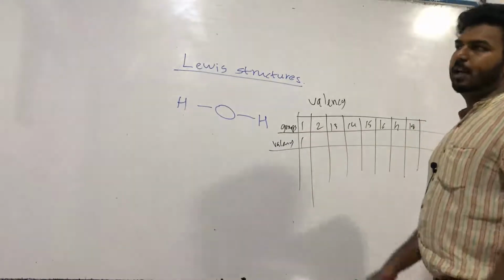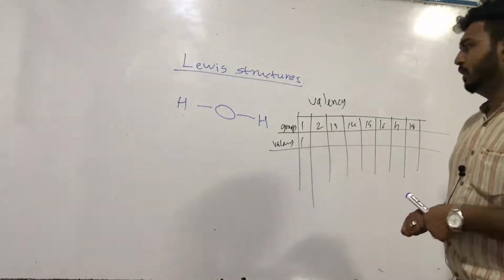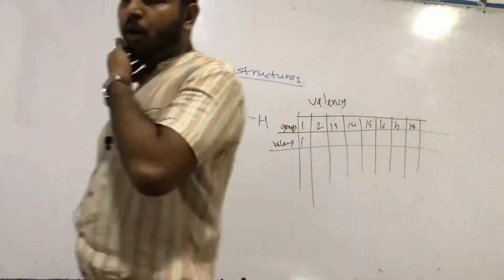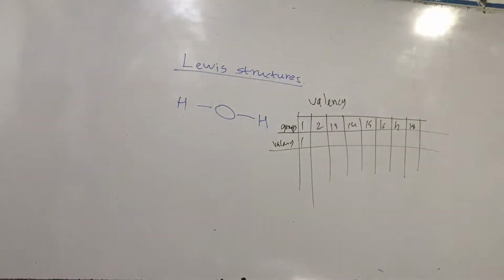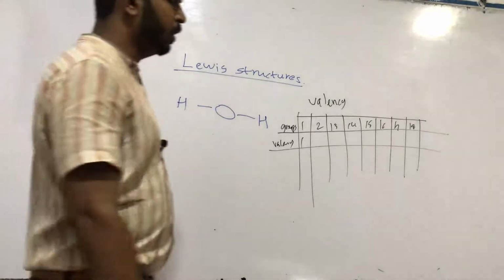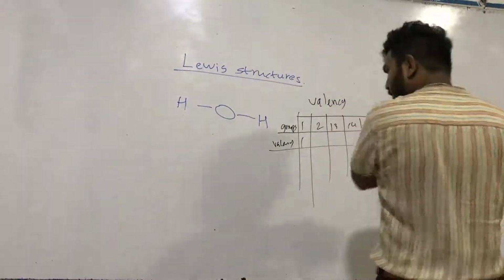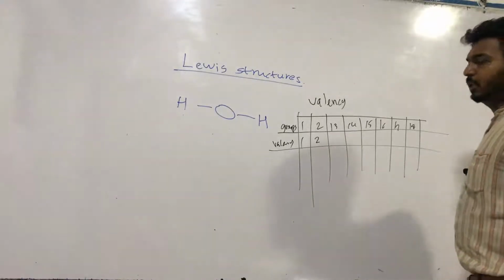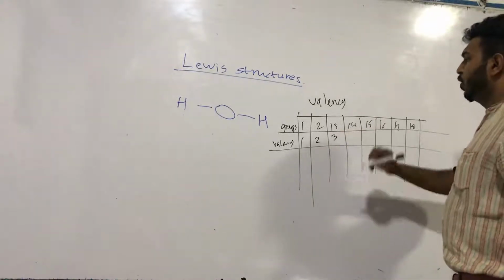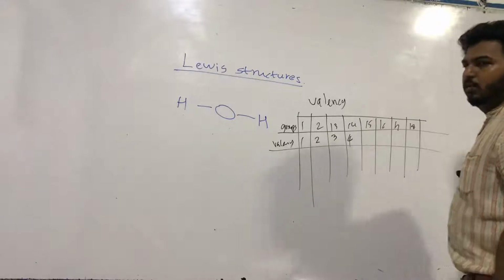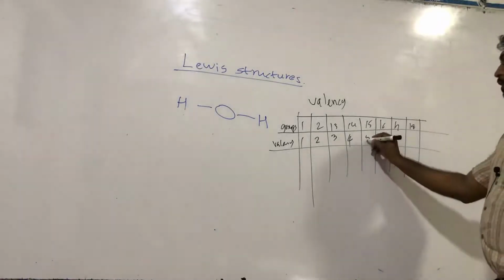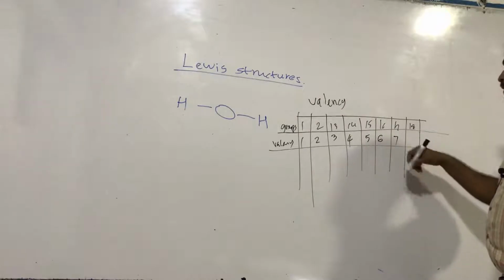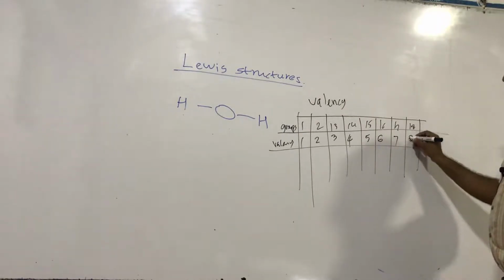The valency of the first group is 1, which means a first group element can form only one bond. The valency of the second group is 2, the 13th group is 3, the 14th group is 4, the 15th group is 5, the 16th group is 6, the 17th group is 7, and the 18th group is 8.